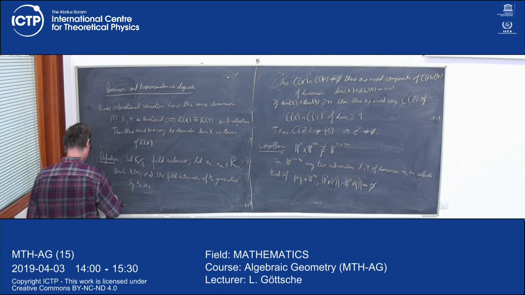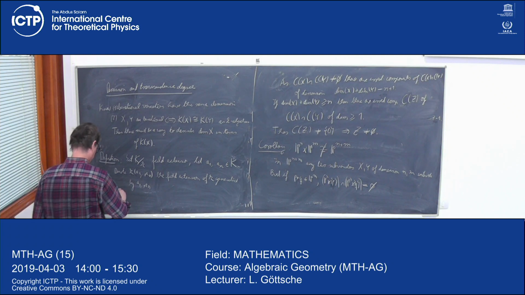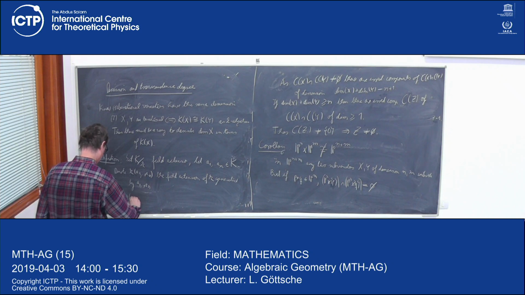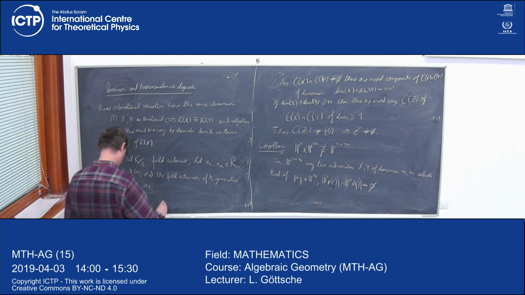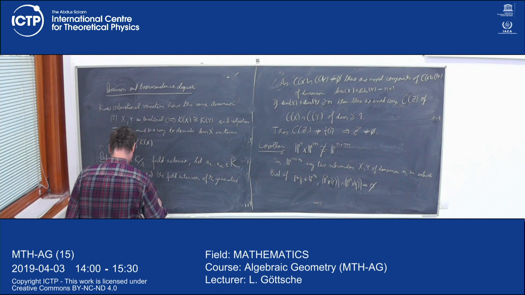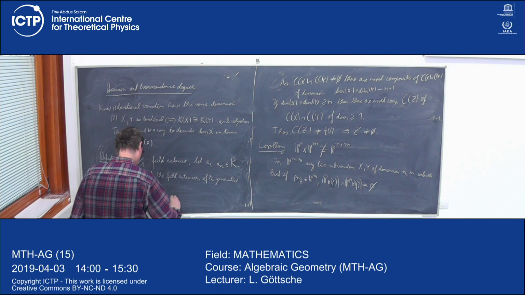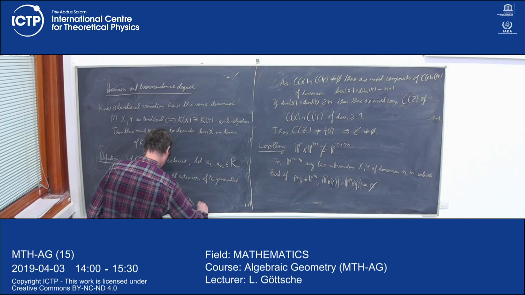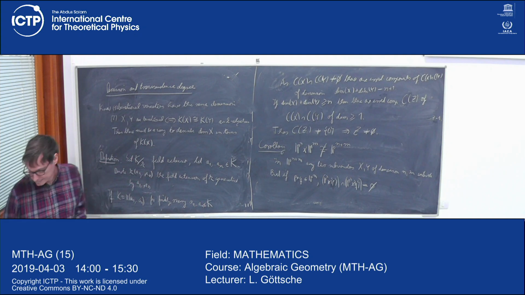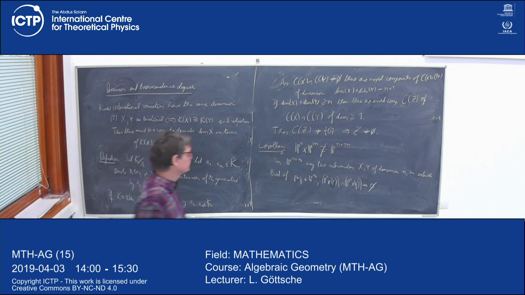So if I can write K equal to such a field extension given by finding the elements a1 to an in K, we say that K over k is a finitely generated field.